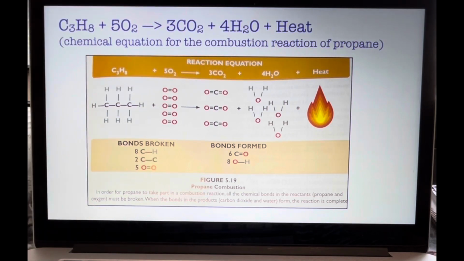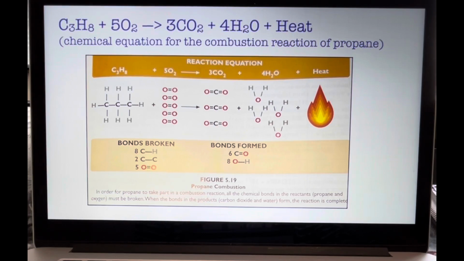Each molecule shares a double bond. And there are 5 oxygen molecules. The chemical energy of the propane and oxygen molecules is stored in these bonds. The chemical bonds of the products also store chemical energy. It is the changes that occur in the chemical bonds that cause the energy changes in the reactions.